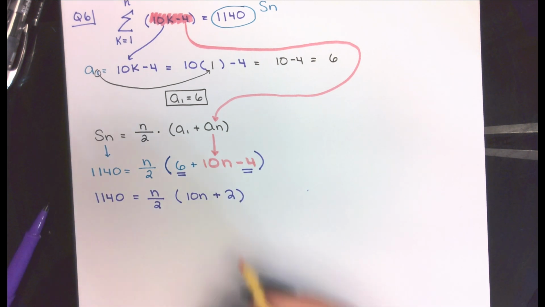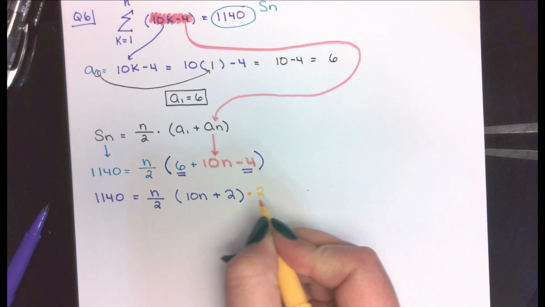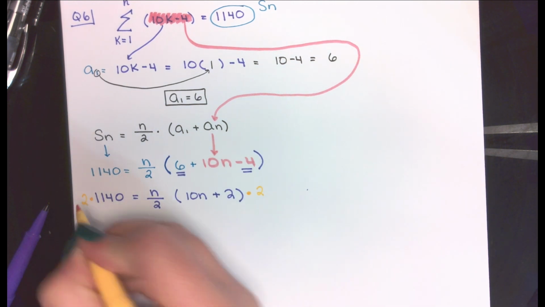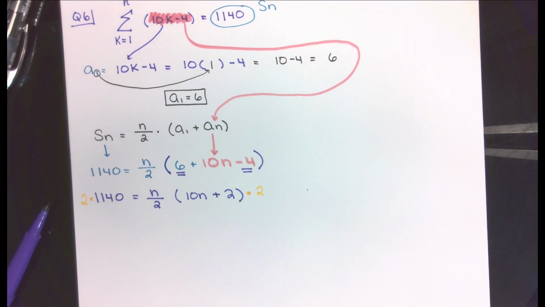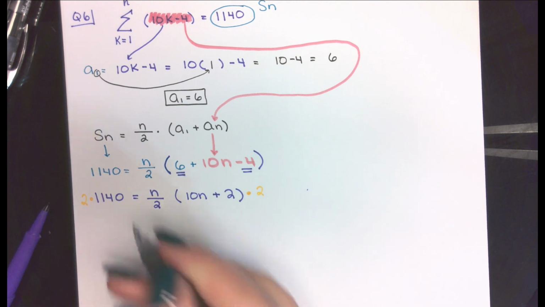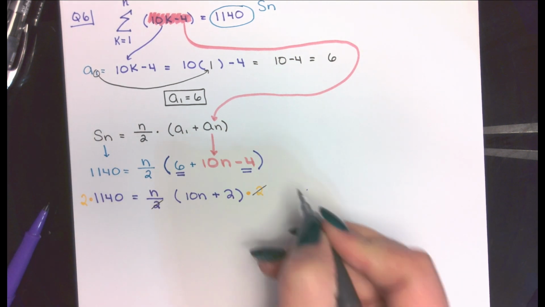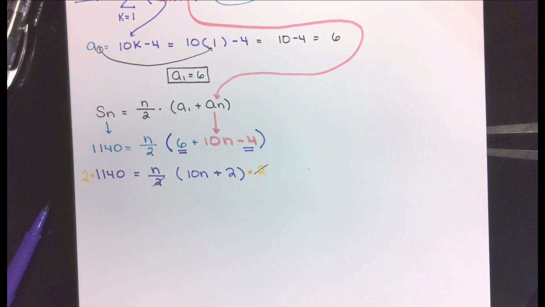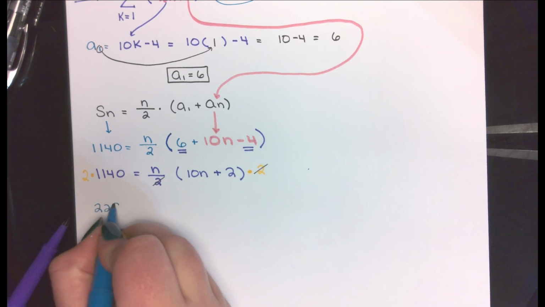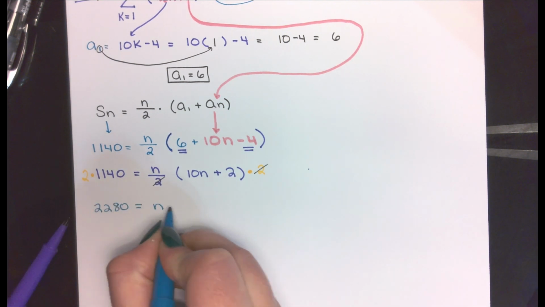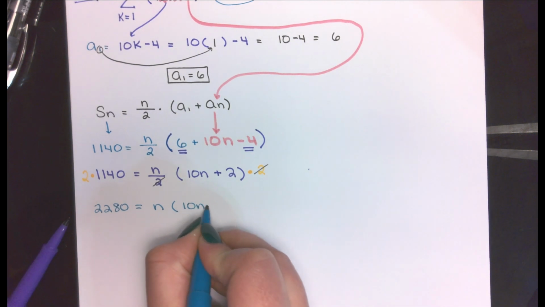And we do that by multiplying both sides by 2. This ends up eliminating, dividing out, removing that 2 in the denominator. And we have this 1,140 times 2, which is 2,280, is equal to n times 10n plus 2.